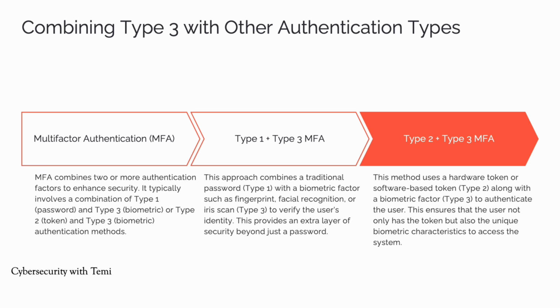It has to be type 1 plus type 2, or type 2 plus type 3. So if the question says the person used their password and they also used their PIN, that is not multi-factor authentication, because both password and PIN are something you know. For multi-factor authentication, you have to combine two different types of authentication.